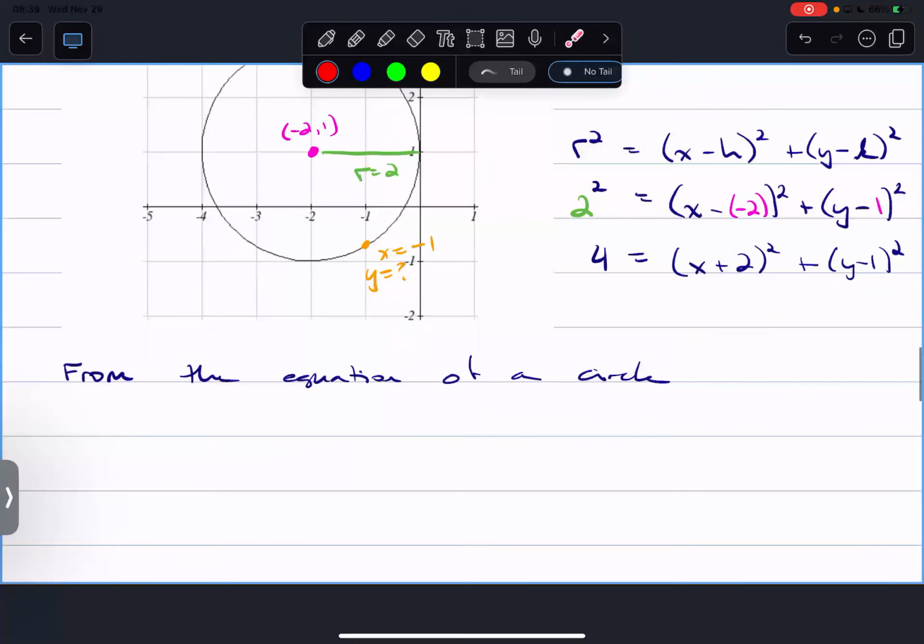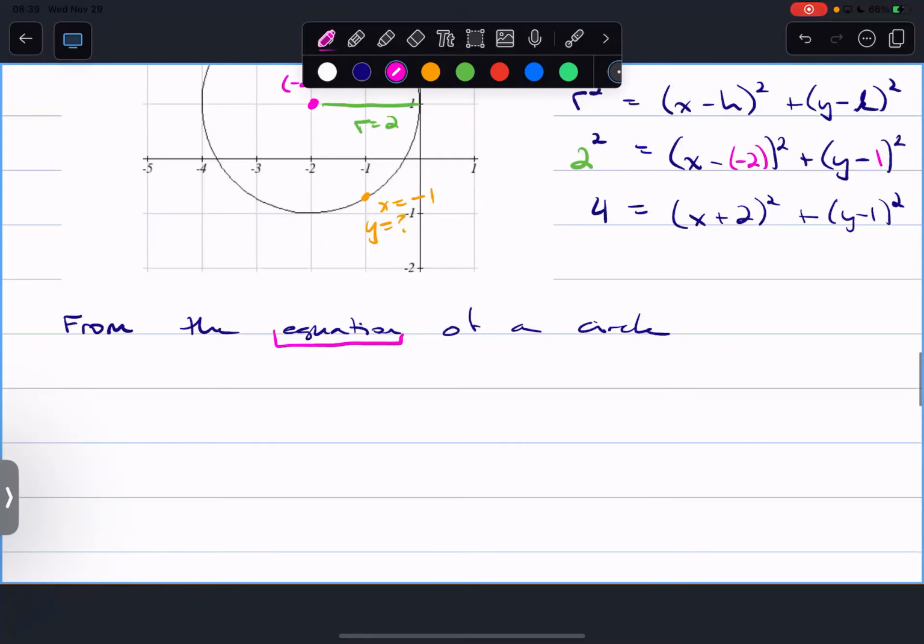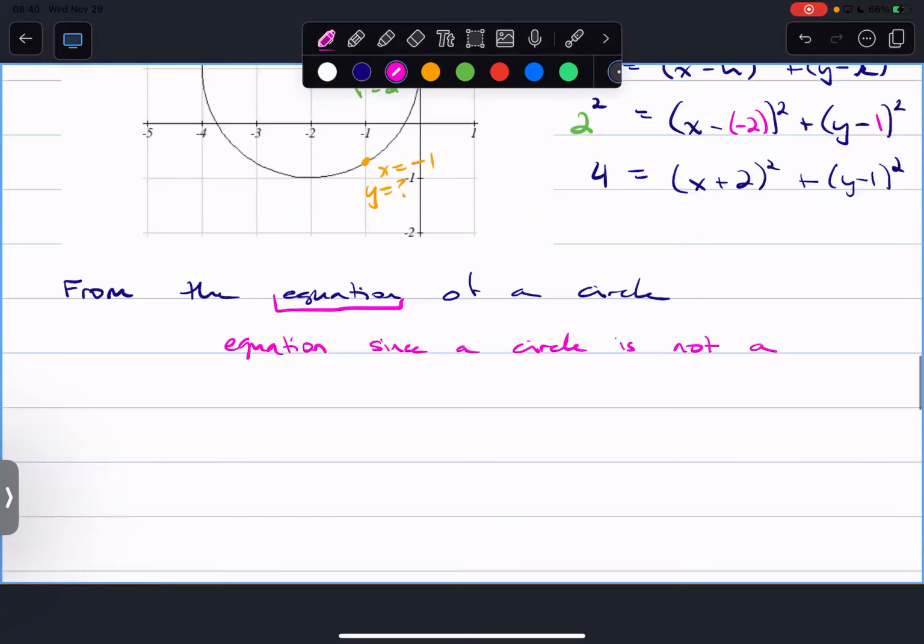And so here, I'll just make a note: from the equation, since a circle is not a function, but there is an equal sign, that's what makes it an equation.